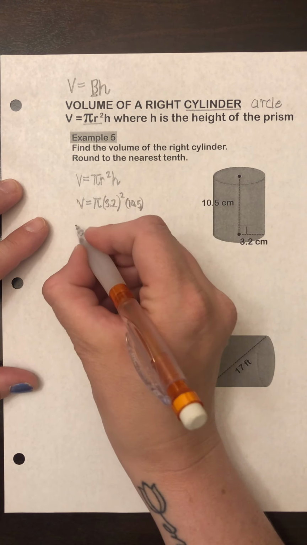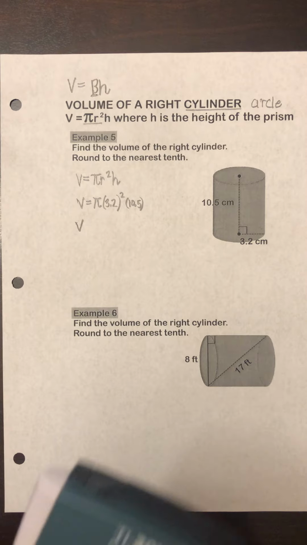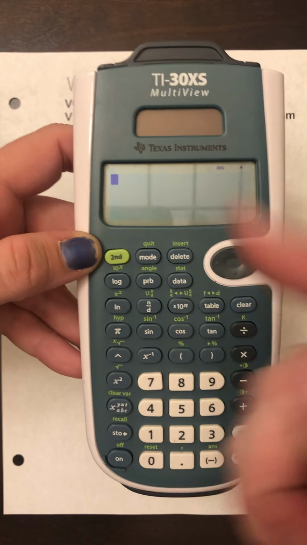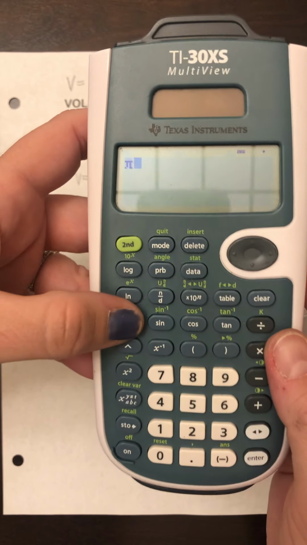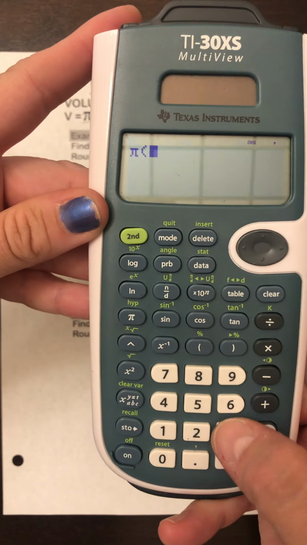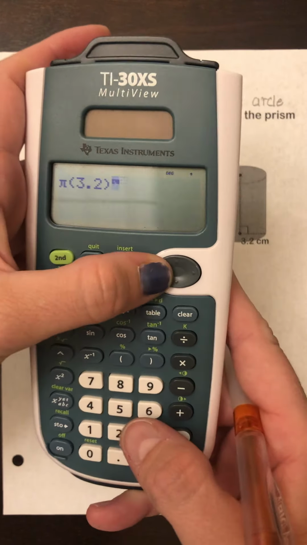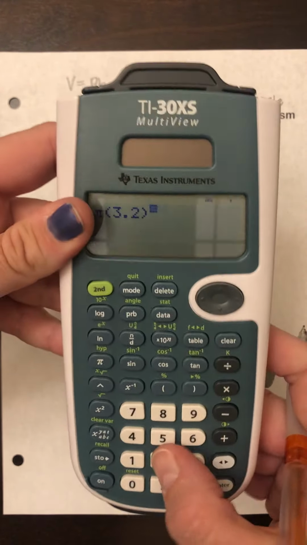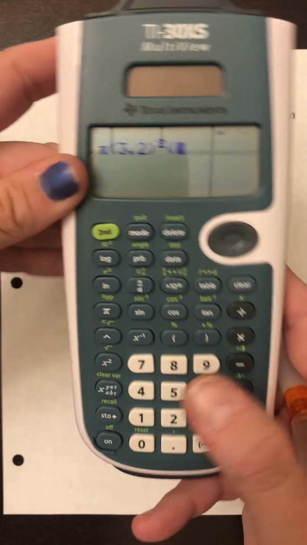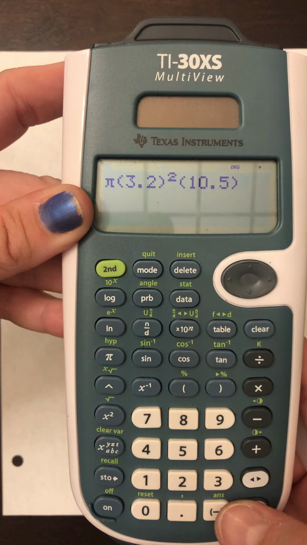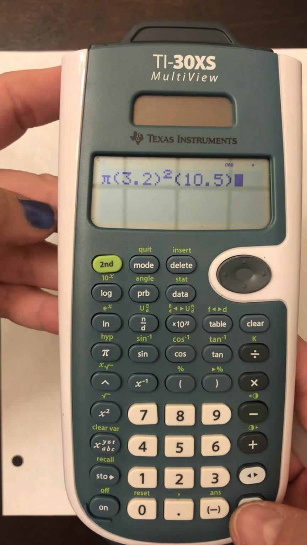And here comes a really easy part. We're going to use our calculators. All right, so we have pi times 3.2 squared times 10.5. All right, so I'm plugging it into the calculator just like I have it on my paper.